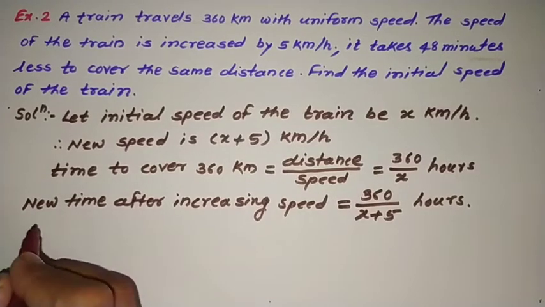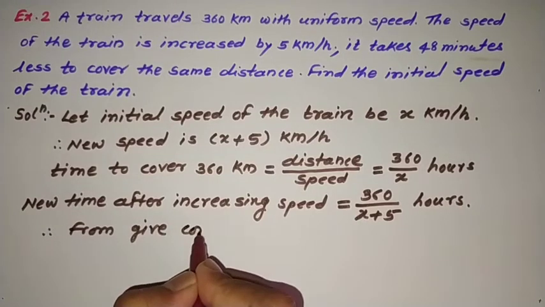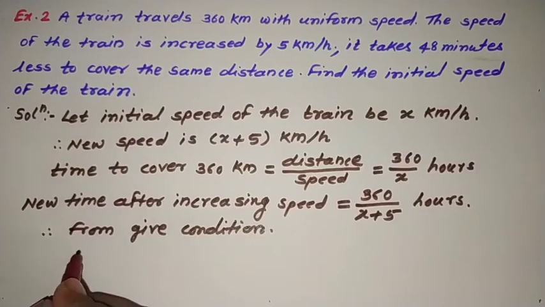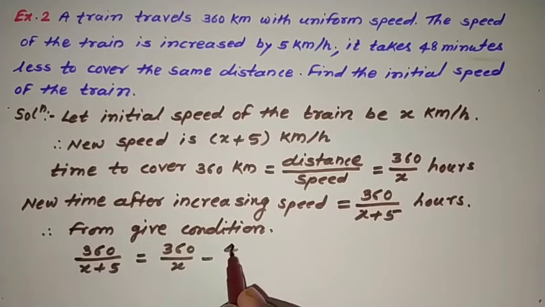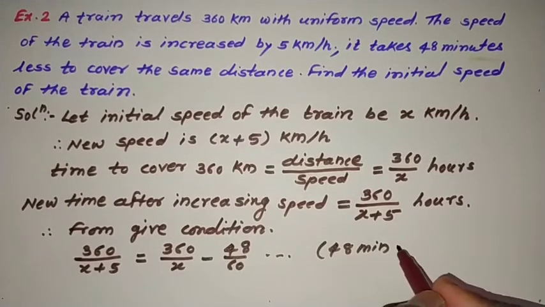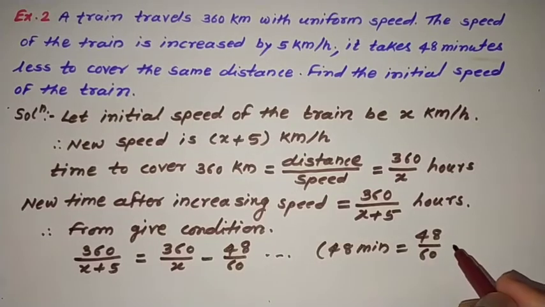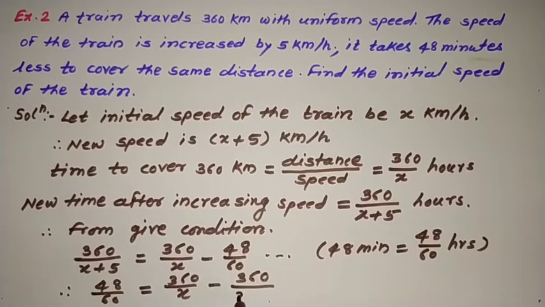From the given condition, 360 upon x plus 5 is equal to 360 upon x minus 48 upon 60. 48 minutes means 48 upon 60 hours. 48 upon 60 is equal to 360 upon x minus 360 upon x plus 5.